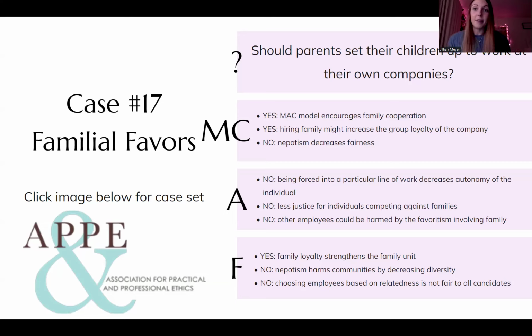So you say, yeah, this is the best way for a family to cooperate, because they're just hiring more family members. And also hiring family might increase the group loyalty of the company. If everybody is from the same family, there's going to be presumably more cooperation and less conflict. And that is what, in this model, morality is all about, facilitating cooperation. If you hire your family members, there's going to be great cooperation.